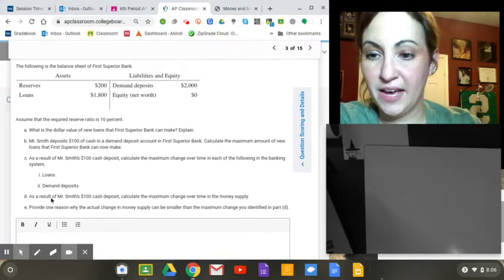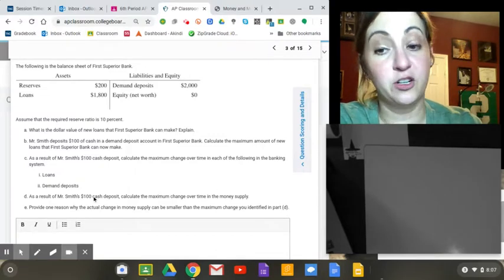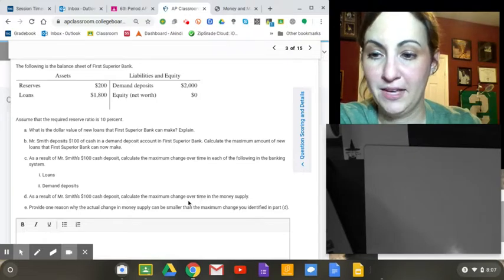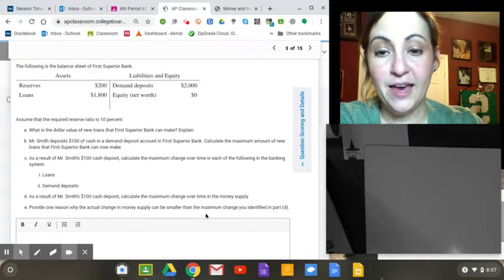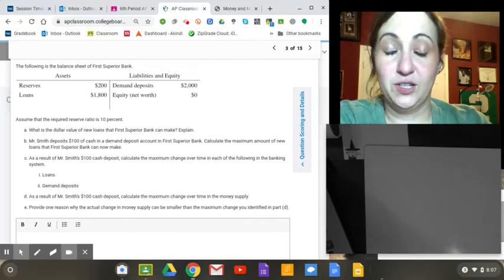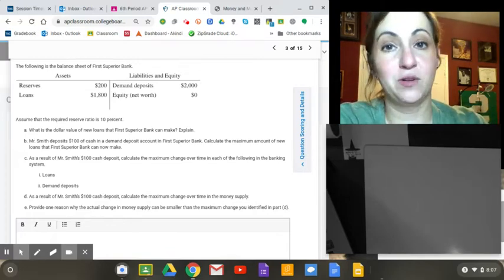And D, as a result of Mr. Smith's cash deposit, calculate the maximum change over time in money supply. And E, provide one reason why the actual change in money supply can be smaller than the maximum change you identified in part D.